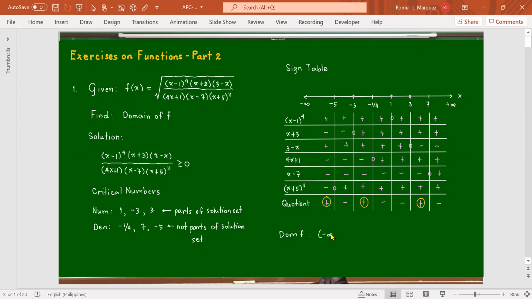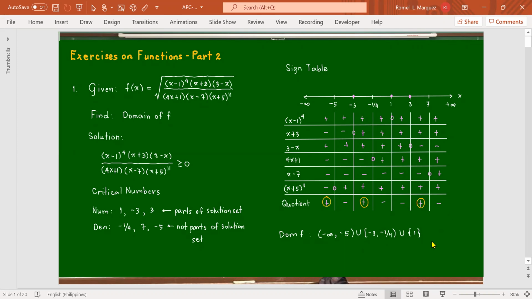Negative infinity to less than negative 5, right? Union with from negative 3 to less than 1/4. Union with the set containing 1 because 1 is part and it is not included in any of the intervals.